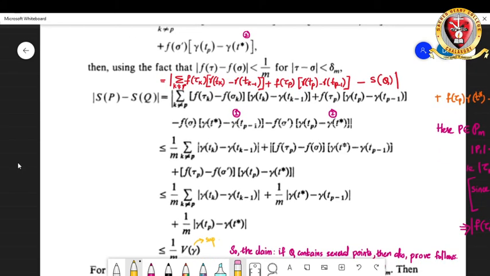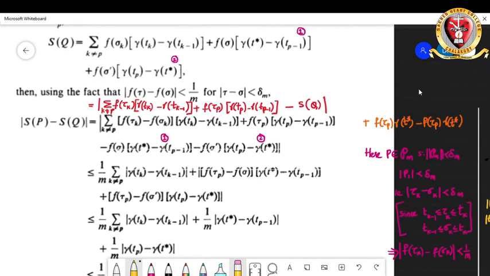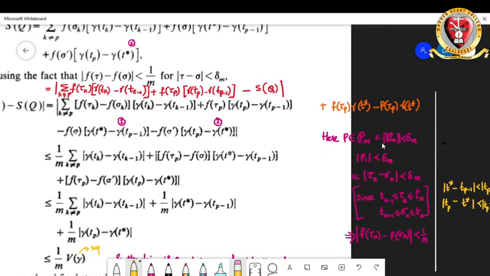And then we can take the modulus sign inside and make it an inequality. Then modulus of f of tau k minus f of sigma k will be strictly less than 1 by m, right? Because modulus of tau k minus sigma k will be strictly less than delta m.